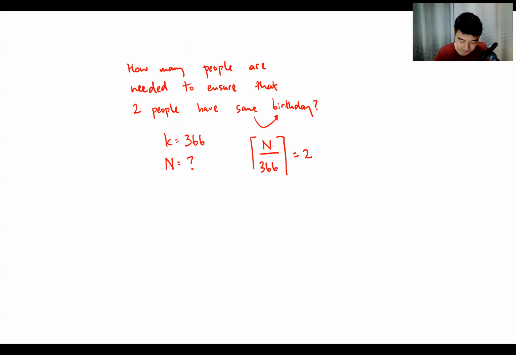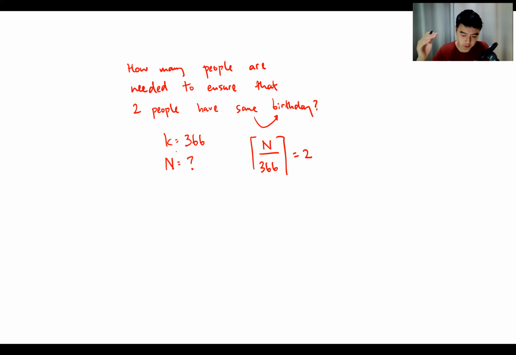So I'm going to replace k with 366. What is the smallest number n such that this equation is true? Well, if we take n as 366, that's not enough, because 366 over 366 is equal to 1, and the ceiling of 1 is still 1. It's not equal to 2.